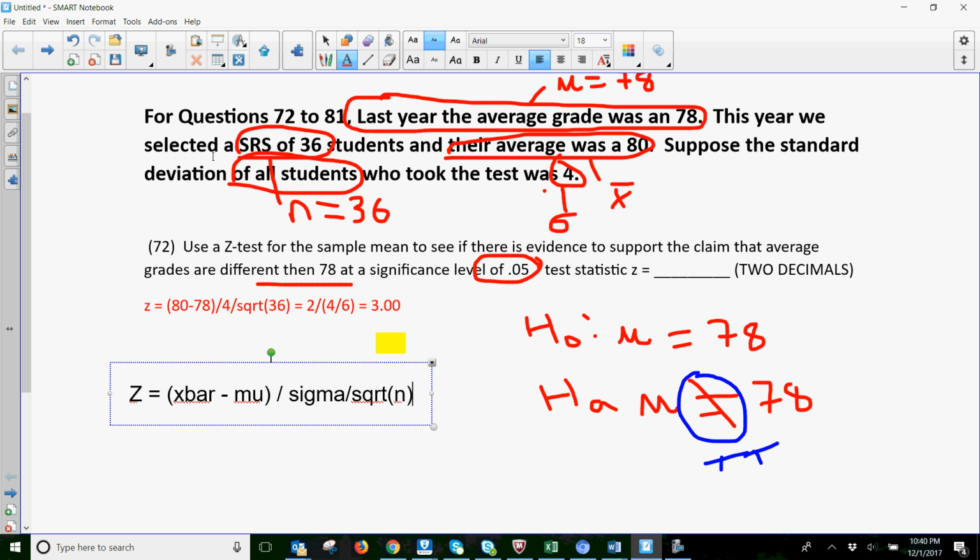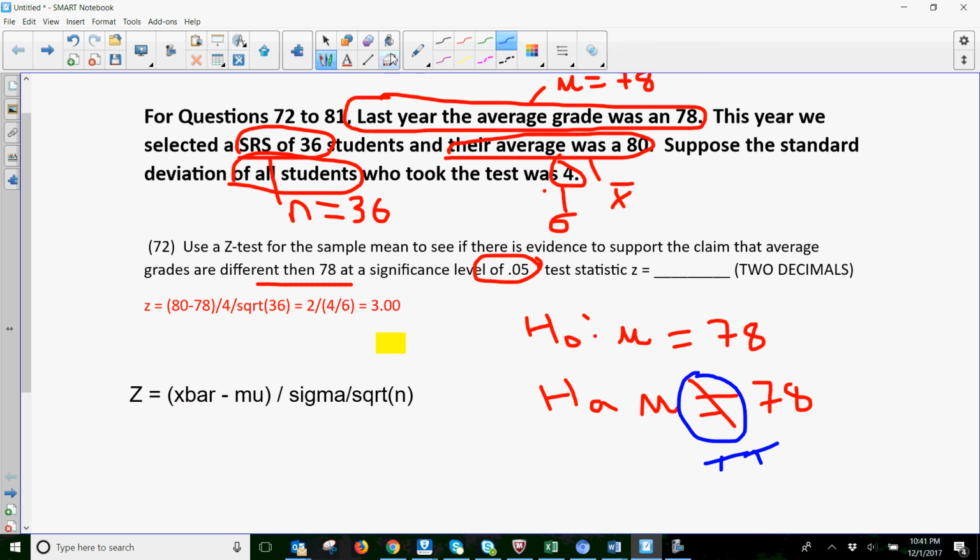Okay, so you can see here that x bar was 80, mu was 78.